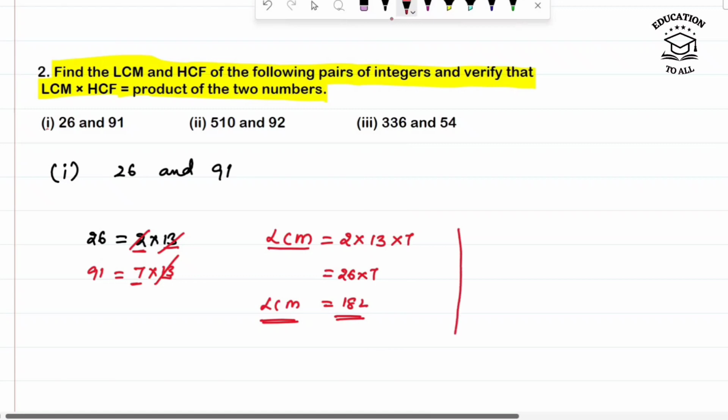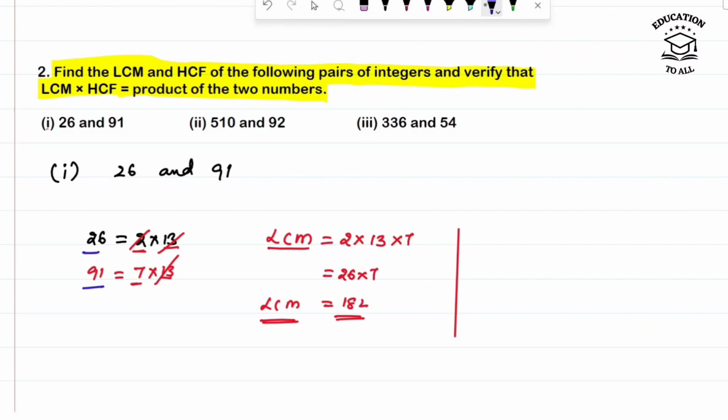Similarly, we try to find the HCF also. Finding the HCF is quite simple when compared to the LCM. Whenever comparing two or three numbers for HCF, we have to take only the common prime numbers.